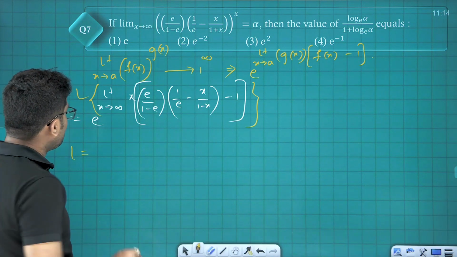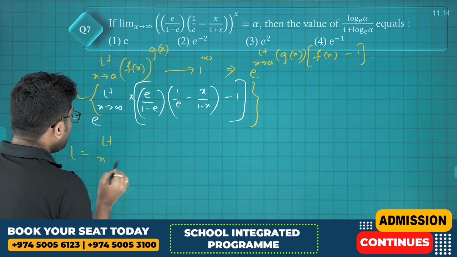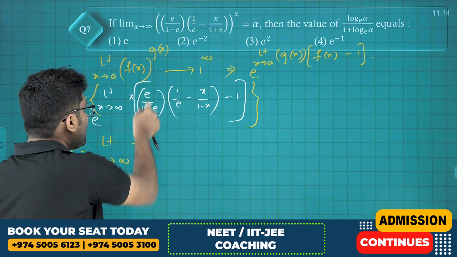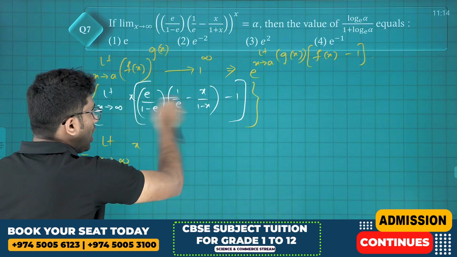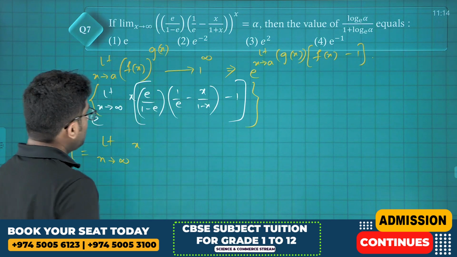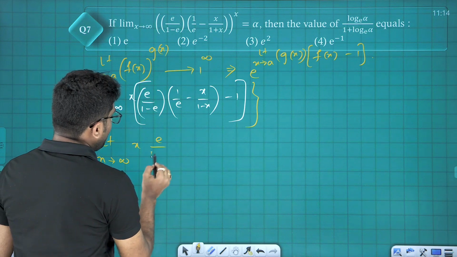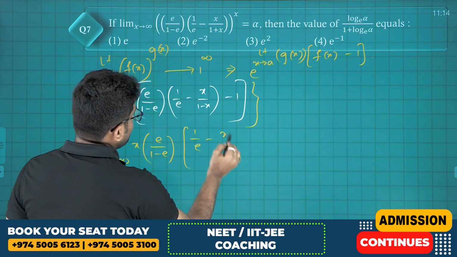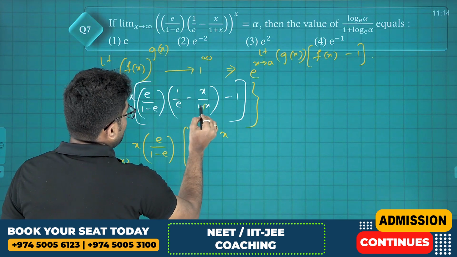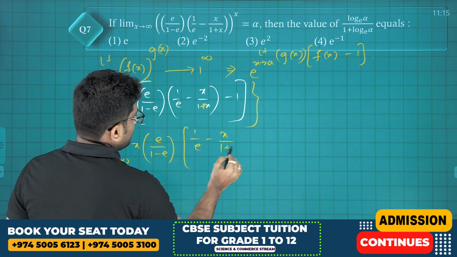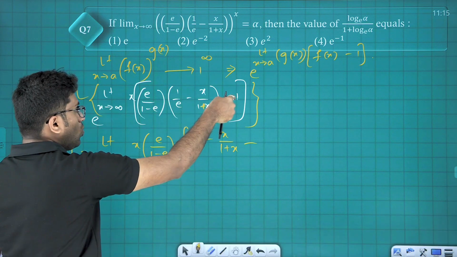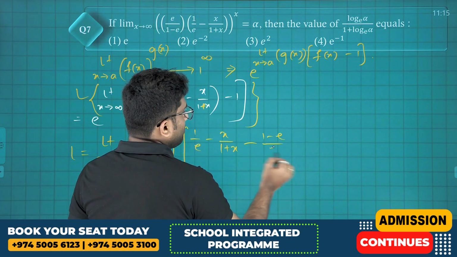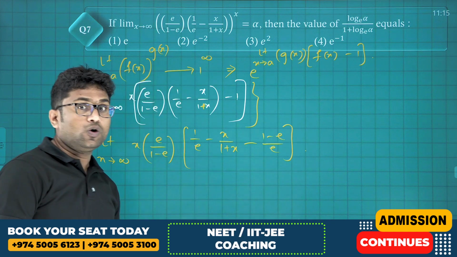So capital L is equal to limit x tends to infinity of x into, see friends, we'll try to take this e by 1 minus e common from this also. So if I take e by 1 minus e common, it is 1 by e minus x by 1 plus x, minus, when you take e by 1 minus e common, you'll write (1 minus e) by e here. I hope you understood.